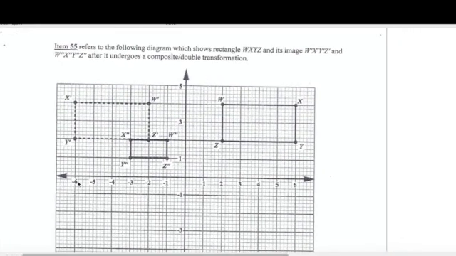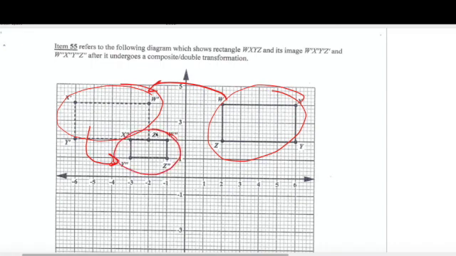Number 55 is a big piece of mess here. 55 refers to the following diagram, which shows a rectangle and its image, W, X, Y, Z, and the images W prime and W double prime, after it undergoes a composite double transformation. So this is the object here, and it first transforms to the image W prime, and then the secondary image here.